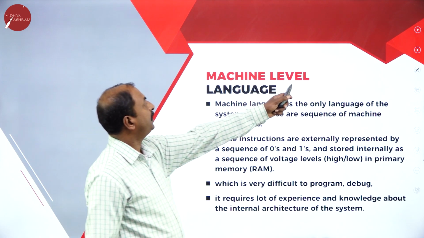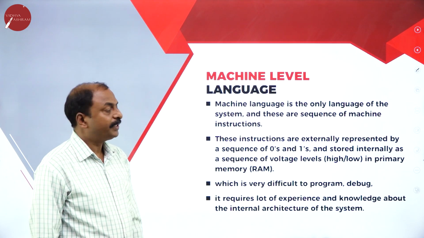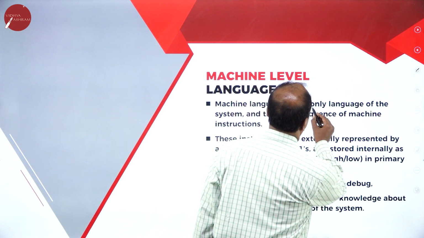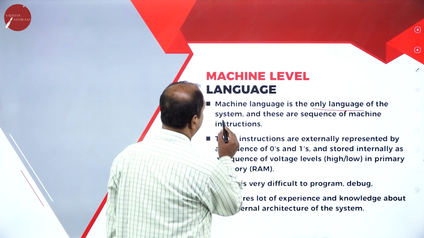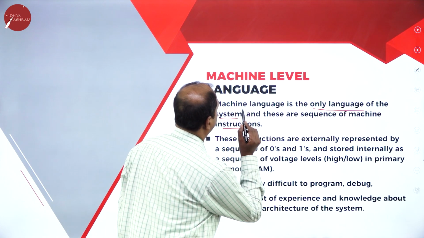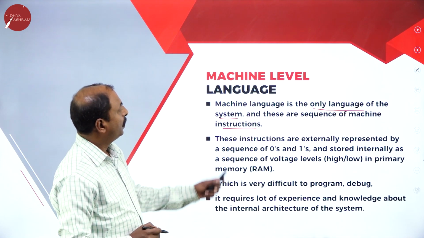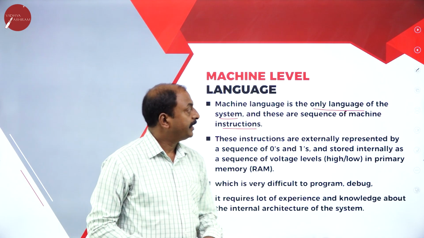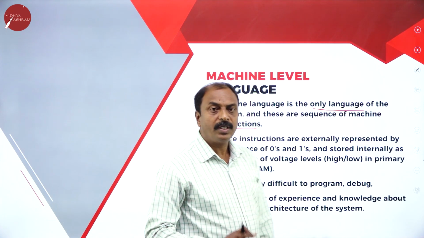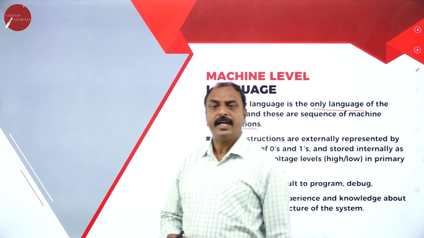First one is machine level language. So what is a machine level language? It is the only language of a system, and it is nothing but a sequence of machine instructions. This is the only language a computer can understand.